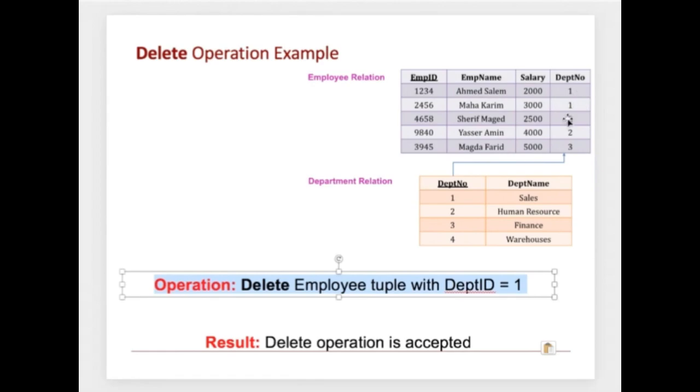So either this operation should be rejected, that is restrict operation, or you delete it from the child also, that is cascade, or you set these values to null in the child table, that is set null, three operations. So since you are deleting something from the child table, it is allowed. If you are deleting something from the parent table, it is not allowed until you do either cascade or you do set null.